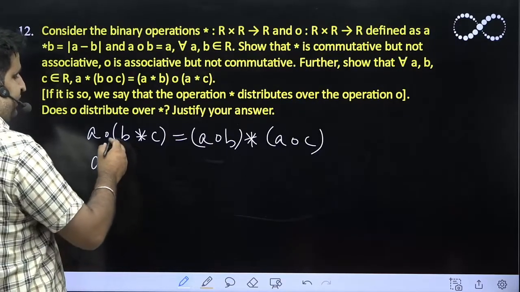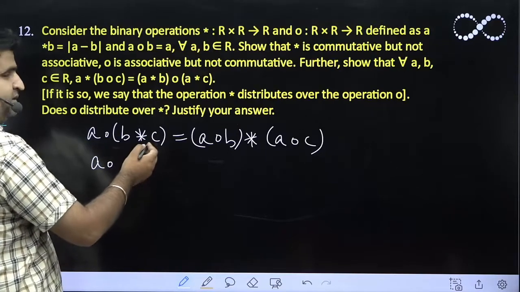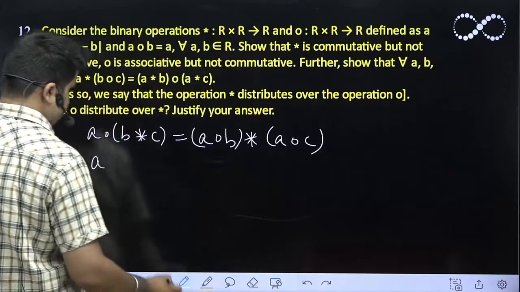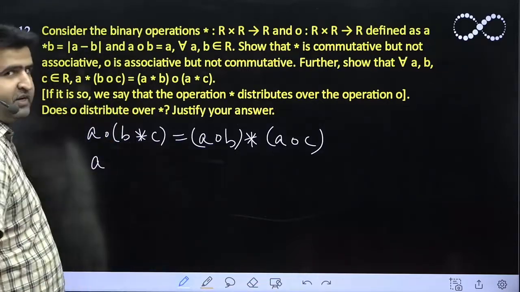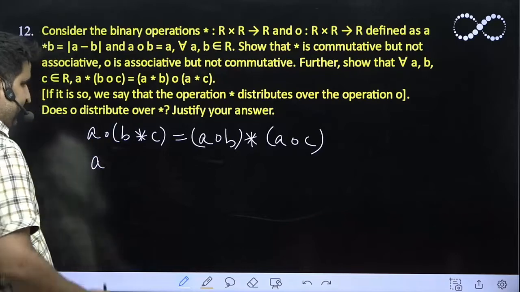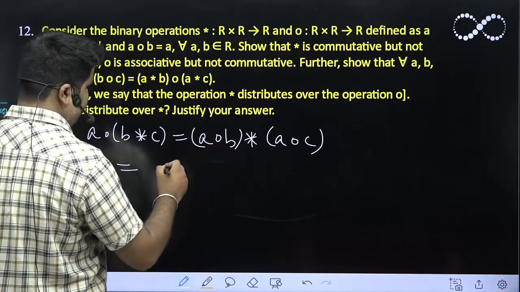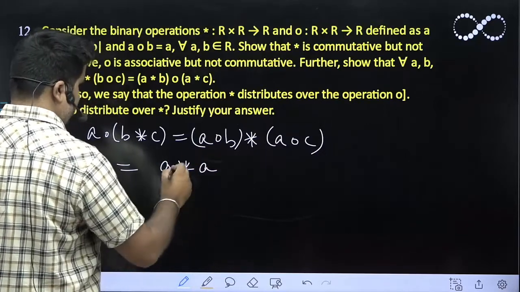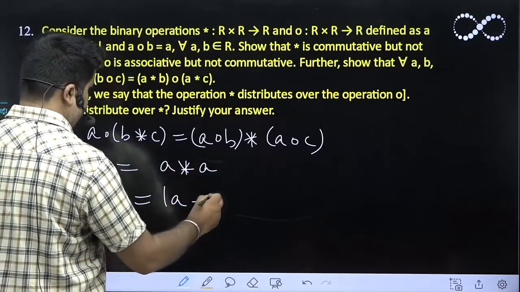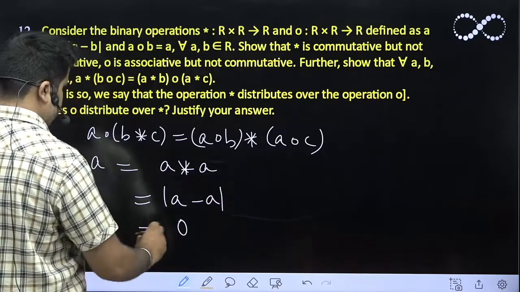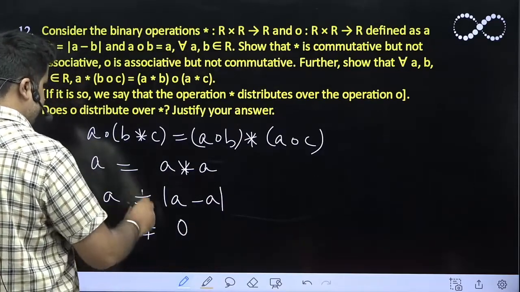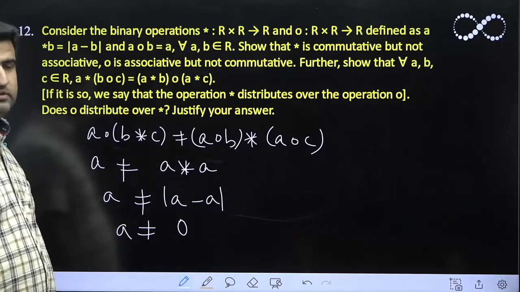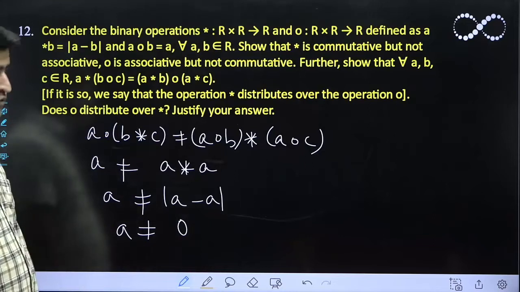You don't need to write B star C. This will actually be equal to mod B minus C, but since you are just taking the O operation here, this will simply become A. What is AOB? A. What is AOC? A. What is A star A? Mod A minus A, which is 0. But on this side we are getting A. So therefore O does not distribute over star. But the reverse is true.